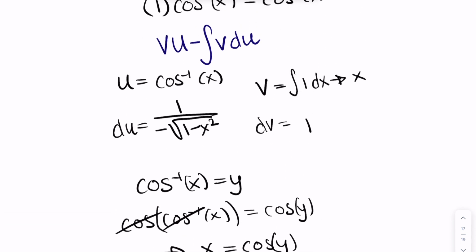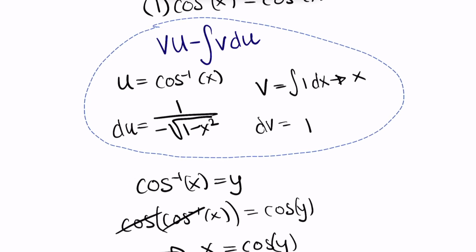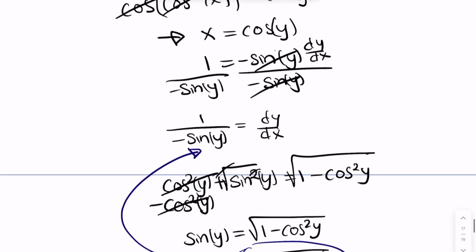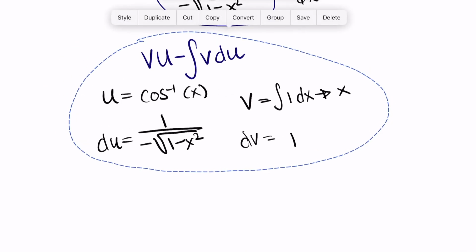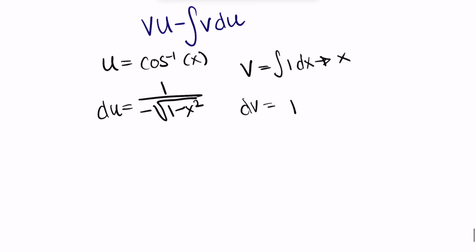Okay, let's go ahead and move all this to the bottom and work on the integration by parts. Let's copy it and go to the bottom since we need more space. Okay, so let's put the values in. So we have x in the front here, then we got arccos x. So we're inputting the values.